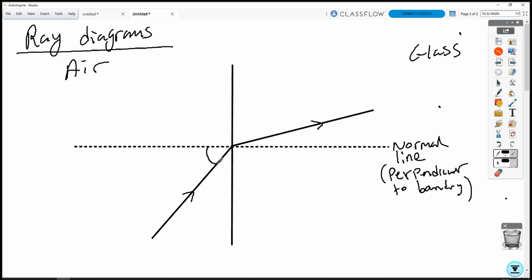We draw our angles not from the ray to the boundary, to the material itself. We draw the angles from the ray to the normal, the imaginary line. So this here is our angle of incidence, so we could call that theta I. And this is our angle of refraction, we call that theta R.